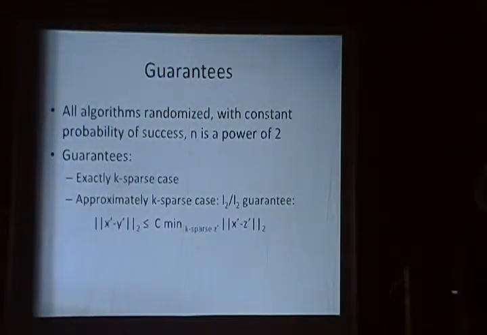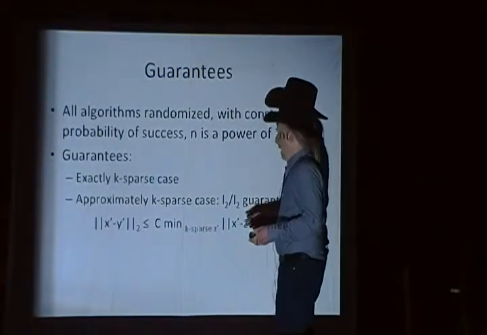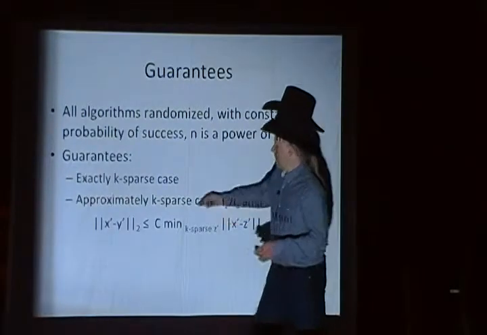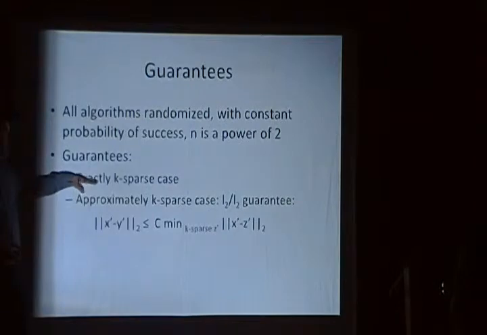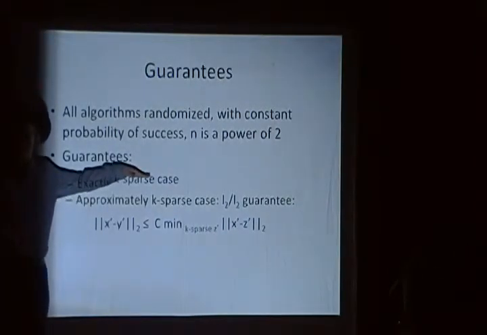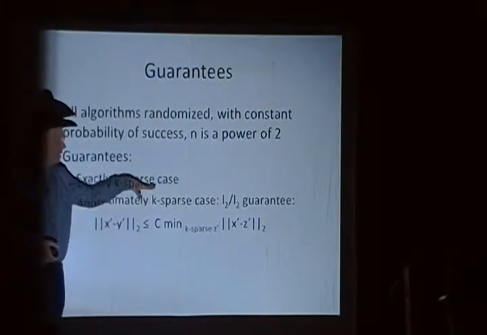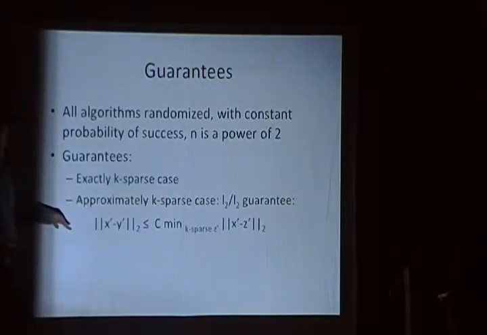Yes. So, what do you mean by guarantee here? What I mean by guarantees is, in the exactly k-sparse case, we report the signal exactly. I didn't write it here, but that's what I mean by guarantee.